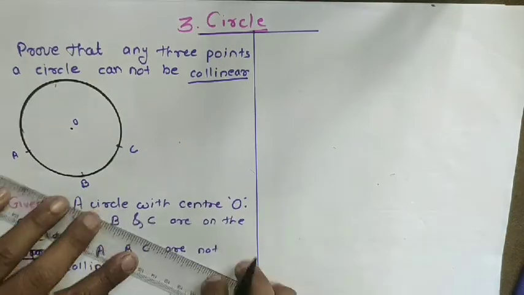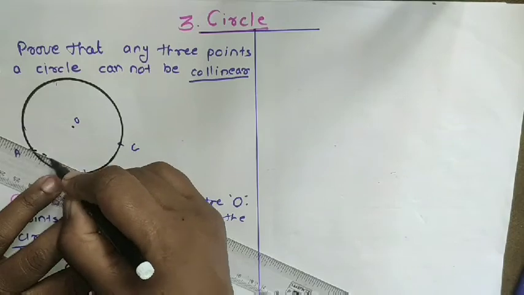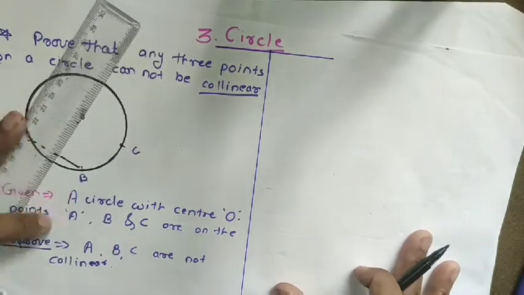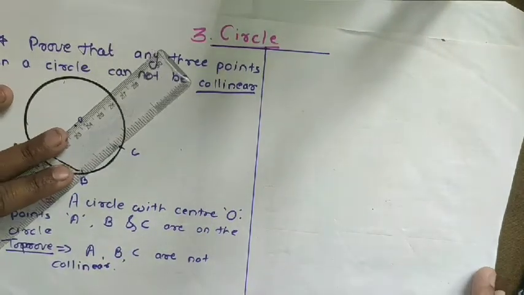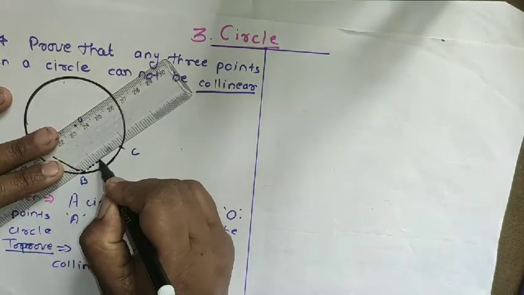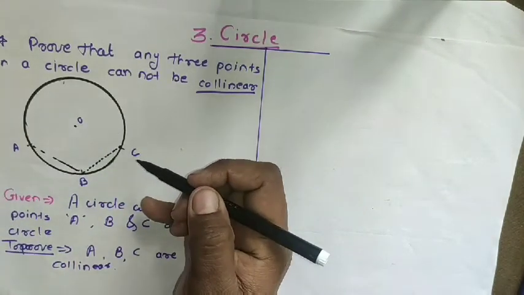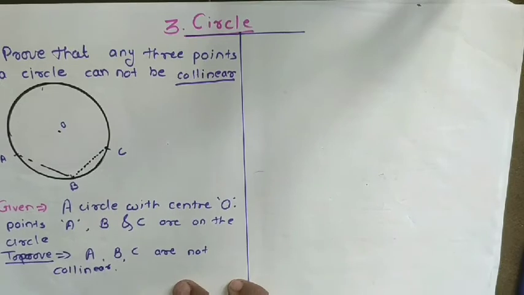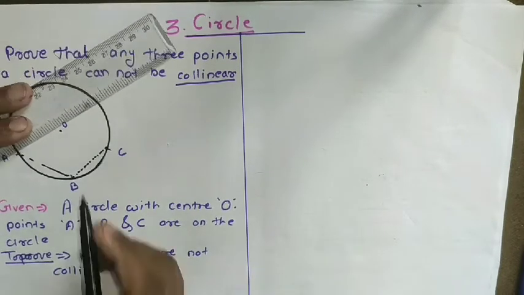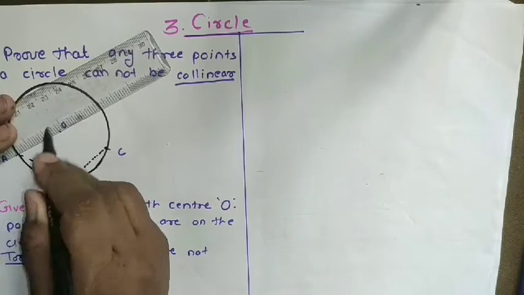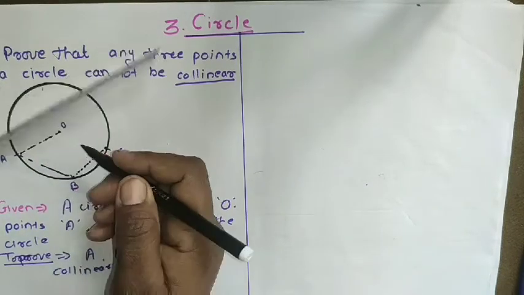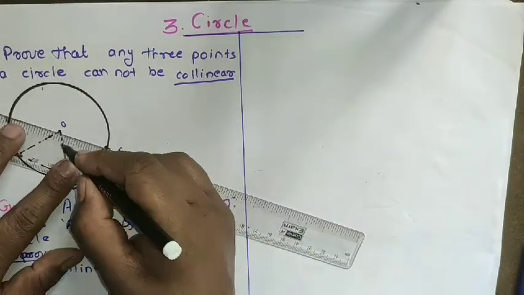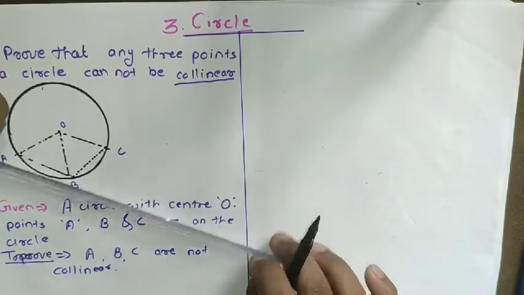I will join AB, then BC. Next, OA, OB and OC. This is OA, OB, and this line is OC. Okay, so that is my construction.